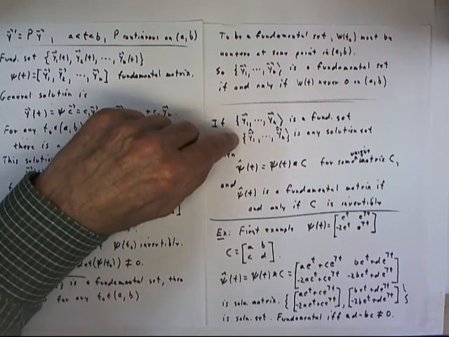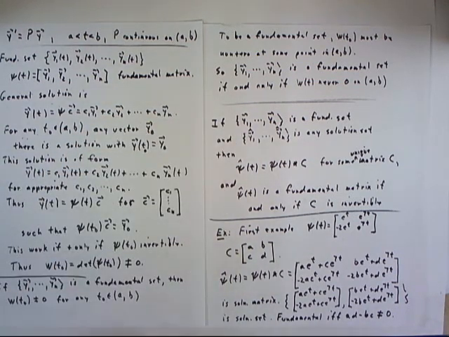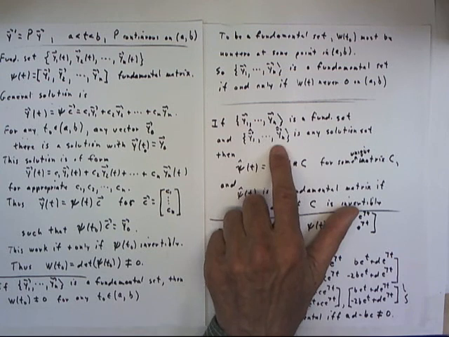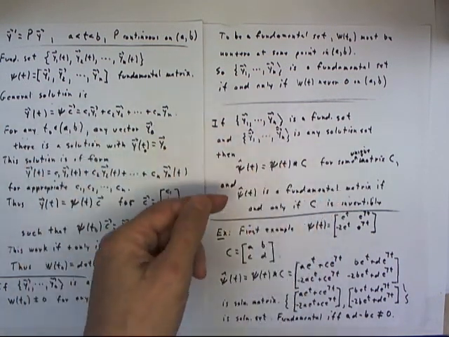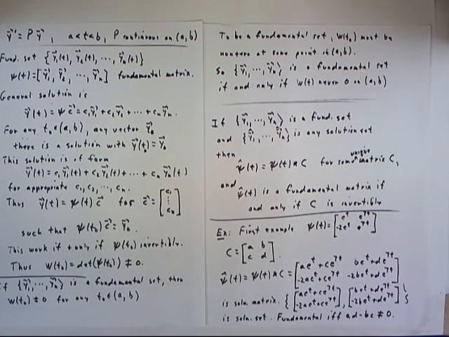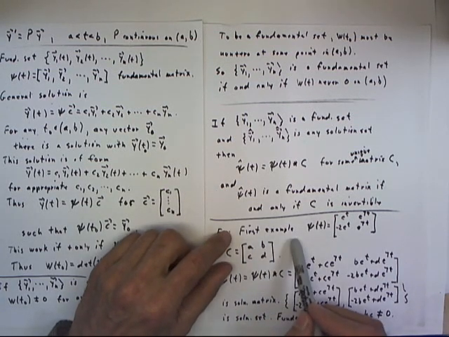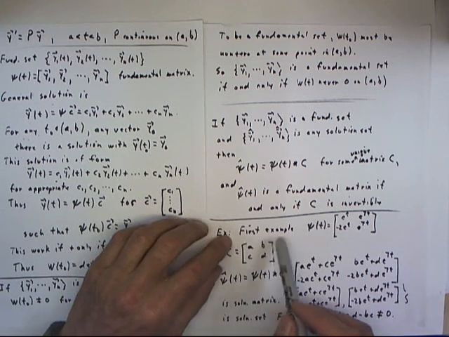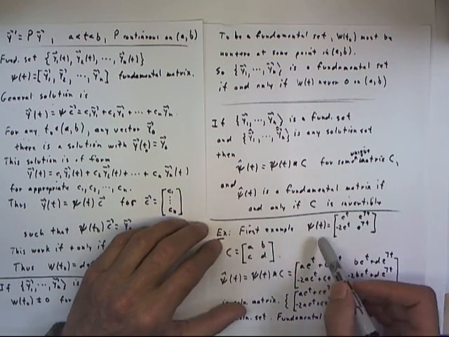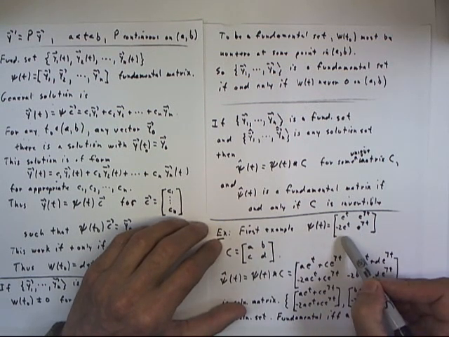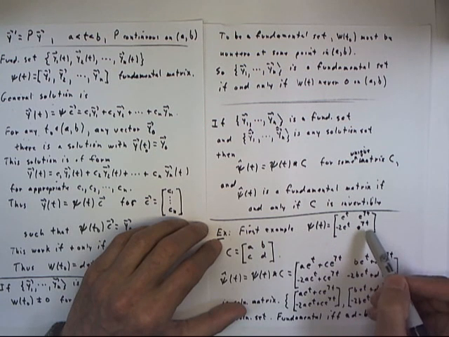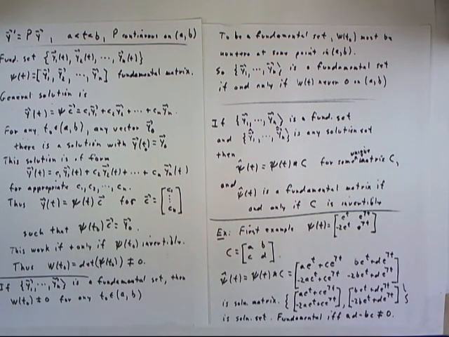If this is not a fundamental set, then there are solutions that can't be formed by combining these solutions. Just to see what this sort of thing can look like, let's go back to the very first system of equations we solved, where we got the psi matrix, e to the t, negative 2 e to the t, e to the 7t, e to the 7t.